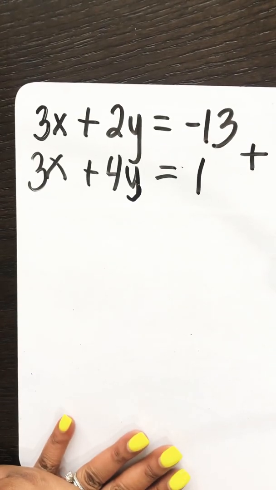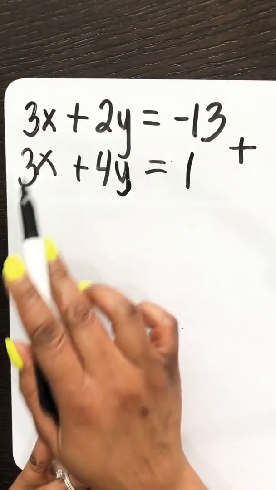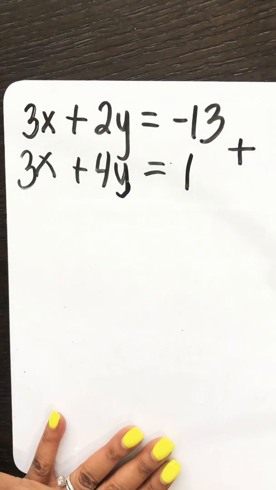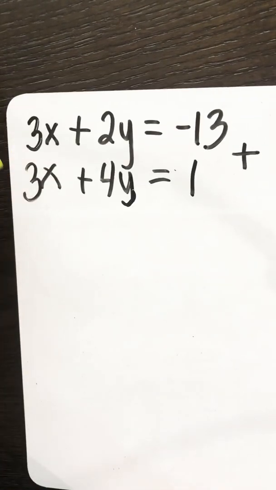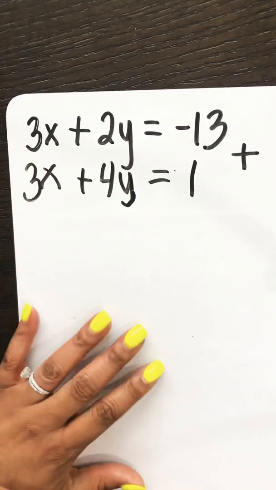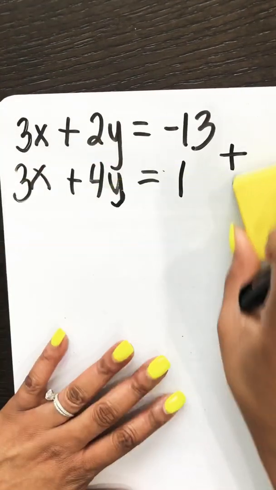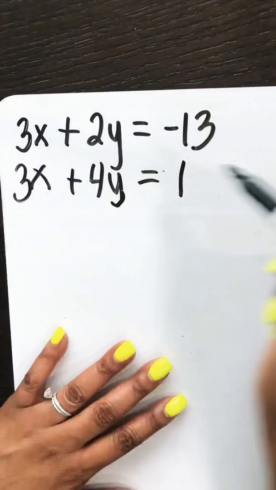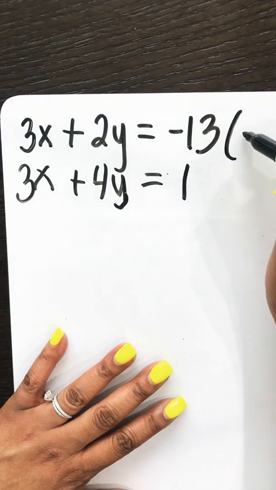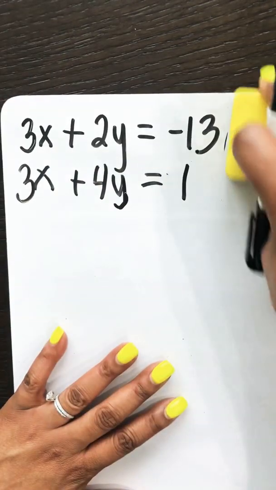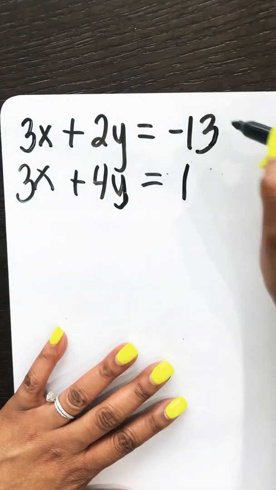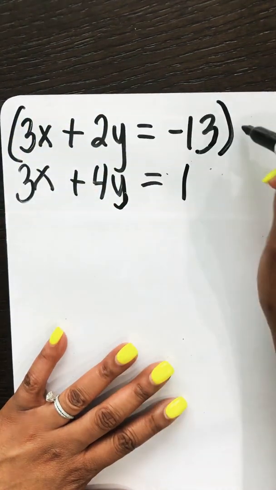okay? So the first thing you want to ask yourself is, which of these variables can I eliminate? Well, I can eliminate the 3x and the 3x. How would I do that? Well, I would do that by multiplying one of these equations by a negative 1. Why negative 1? Why did I decide to multiply by negative 1?